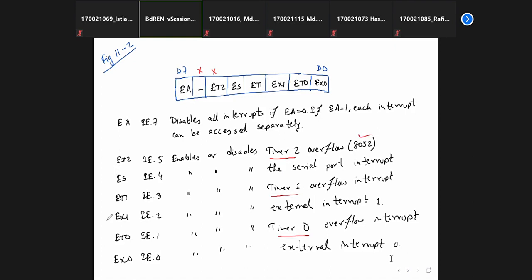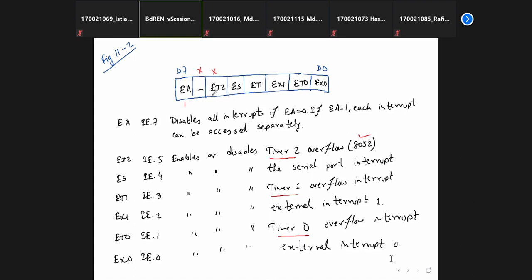So that's why it is specifically for 8052. Now, the rest of the bits are of importance to us. Bit number 4 controls the serial port interrupt, bit number 3 controls the timer flow interrupt, and so on. Now, how do we enable or disable any interrupt? First, in order to enable any interrupt, your EA must be 1.